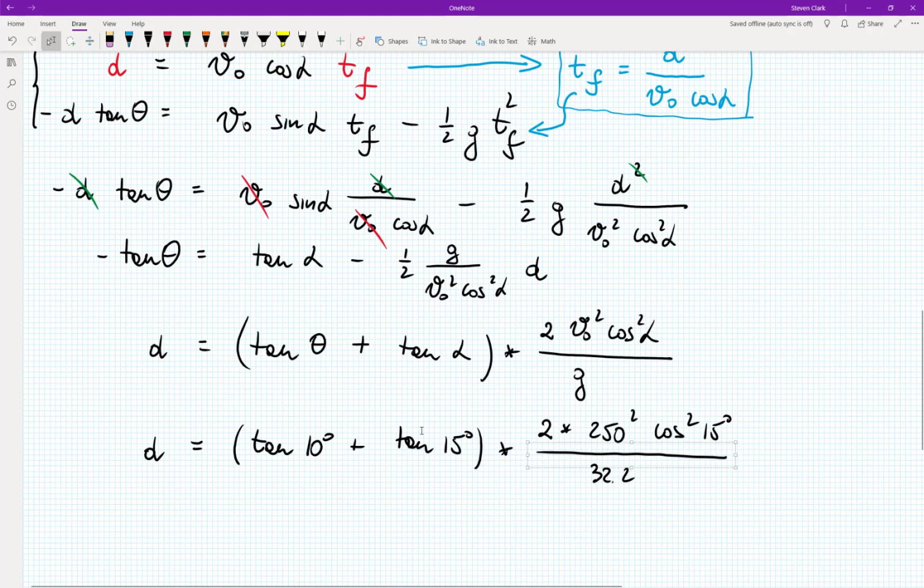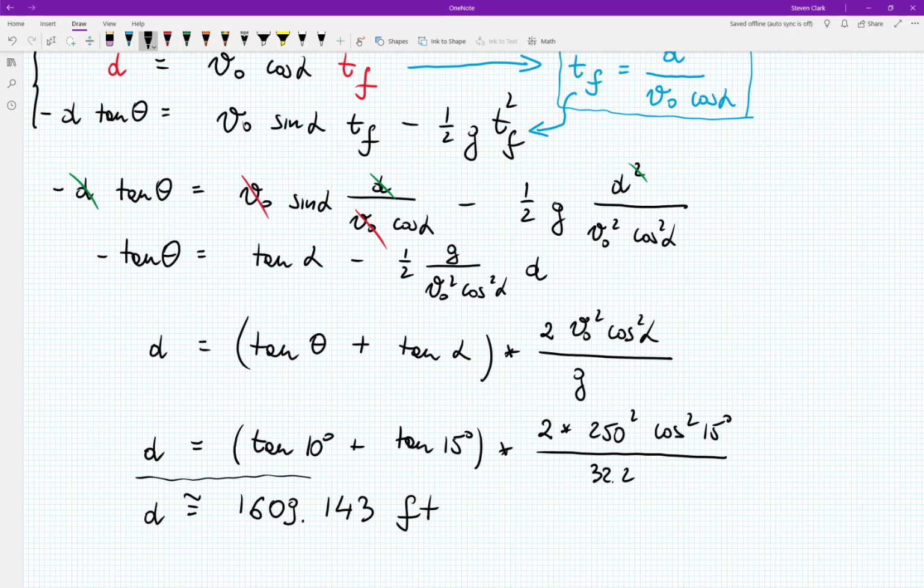Grab your calculators if you want and obtain that this is approximately 1609.143 feet. Okay, any questions? So this is our distance.